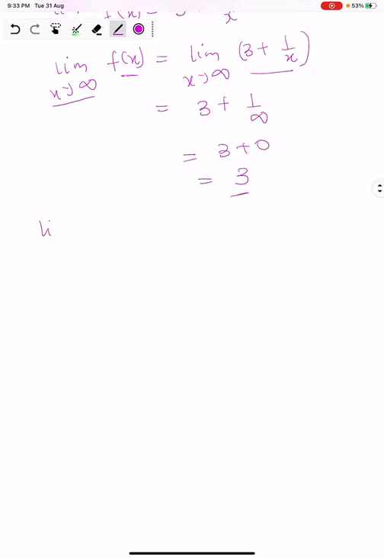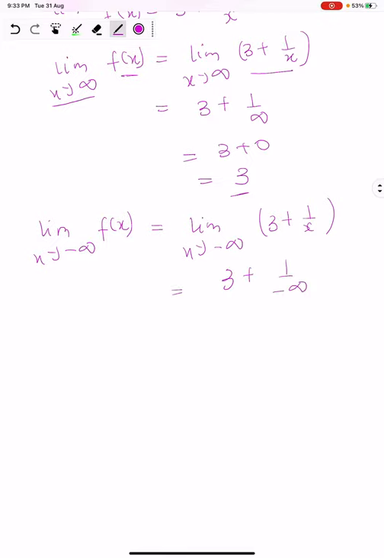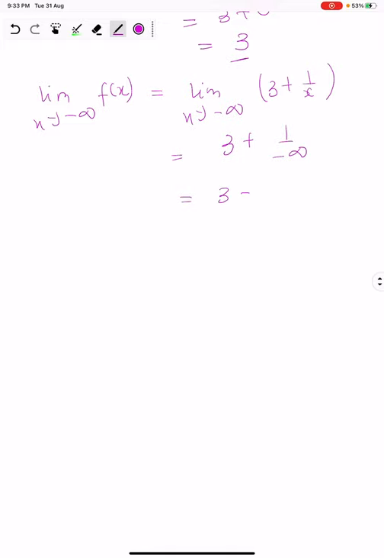The limit as x approaches negative infinity of f of x is equal to the limit as x approaches negative infinity of 3 plus 1 over x, which is equal to 3 plus 1 over negative infinity, which is 3 minus 1 over infinity, 3 minus 0, which is equal to 3. What this means is that as x goes to negative infinity, f of x goes to positive 3.